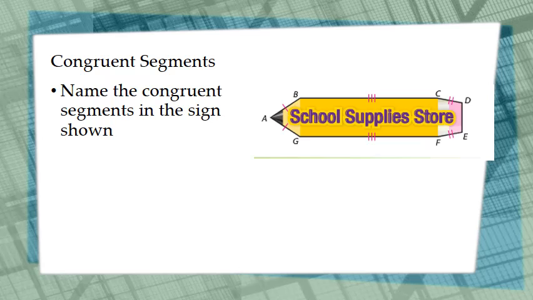Now, one of the things that we will see throughout this course in geometry are these little hash marks, like we've got right here. These hash marks represent congruency. We see that these two lines, AB and AG, both have one hash mark each.